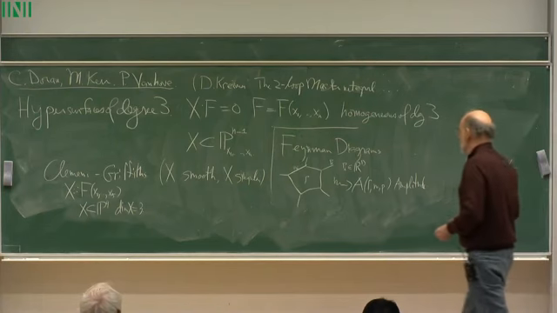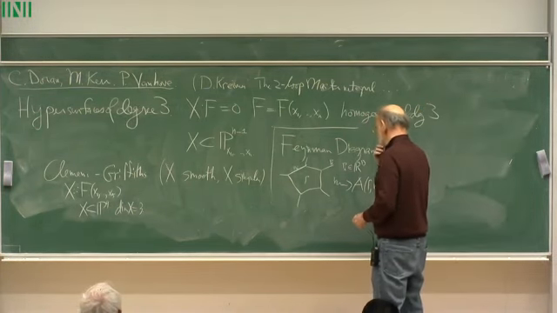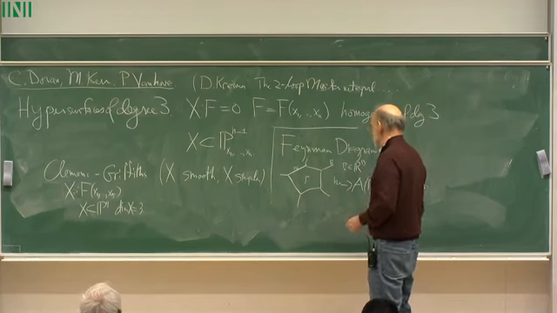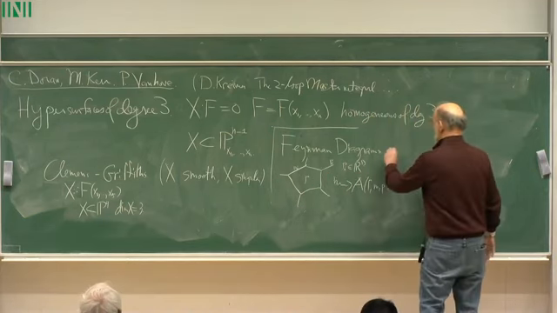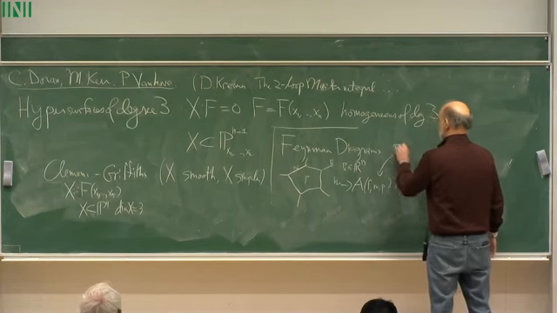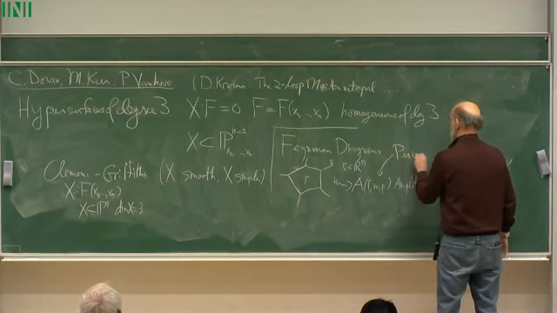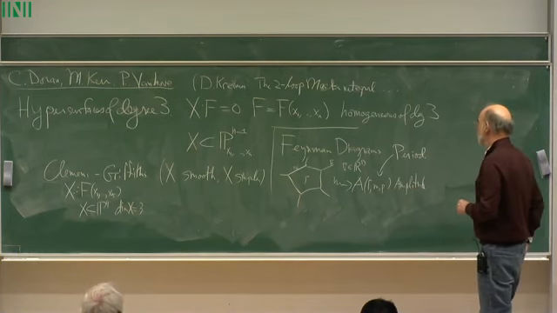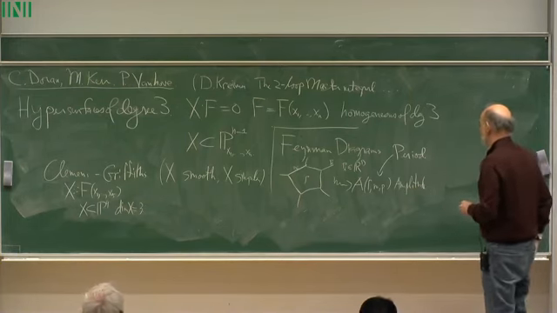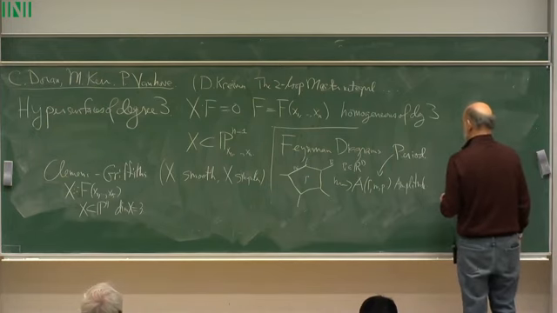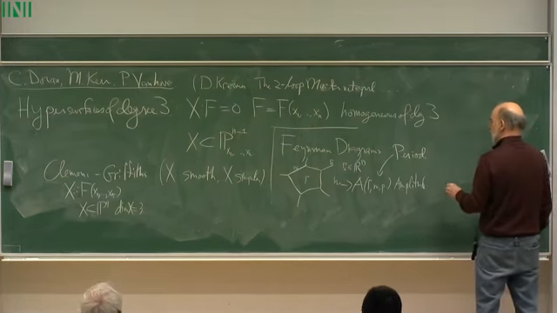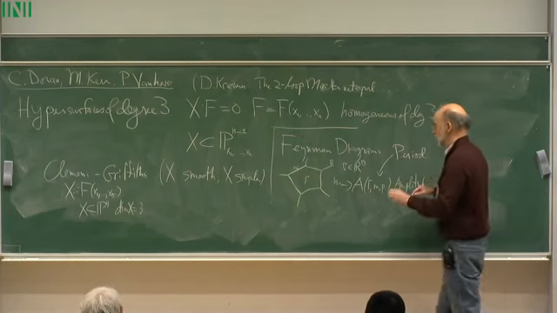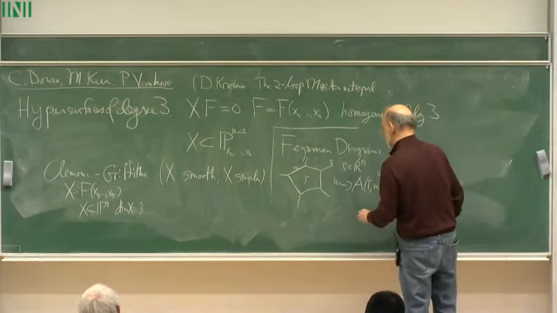Okay? Now, to calculate this amplitude is really a problem in algebraic geometry. This amplitude is a period. And let me tell you a small lie. It's a period which occurs in a certain geometric setup. And so what is the geometric setup?